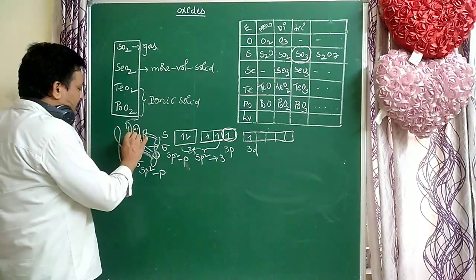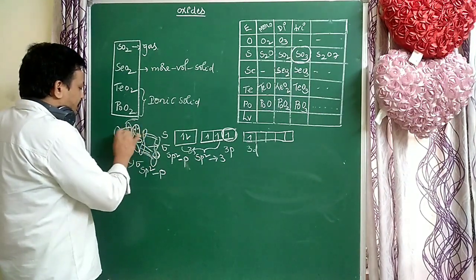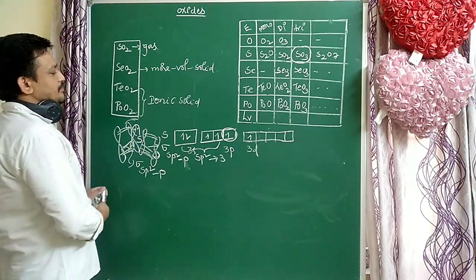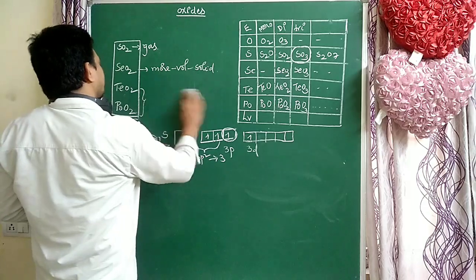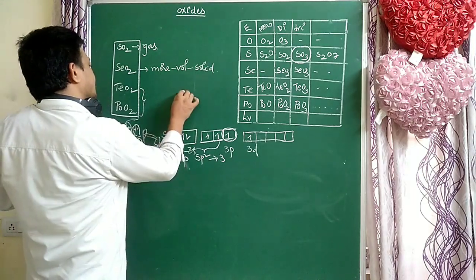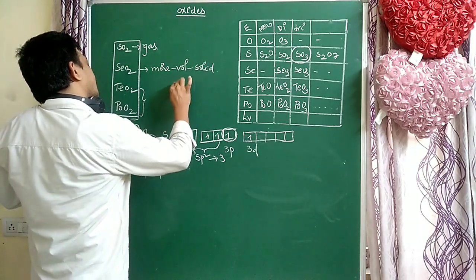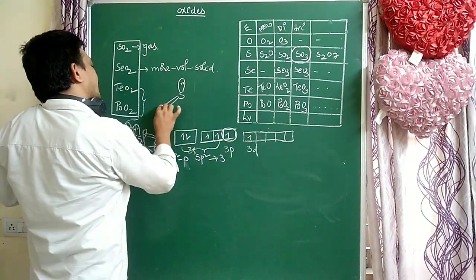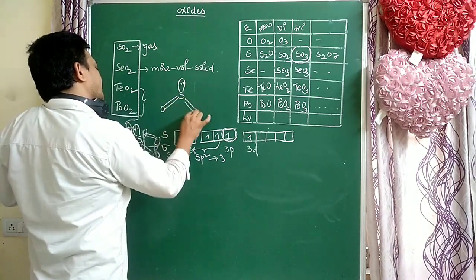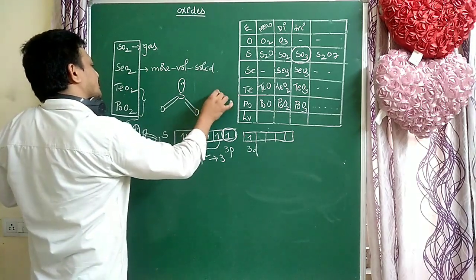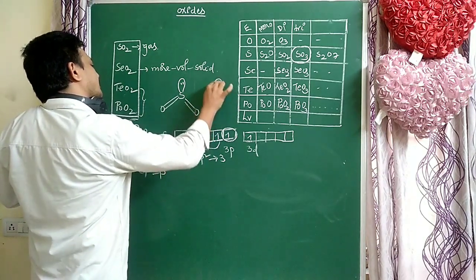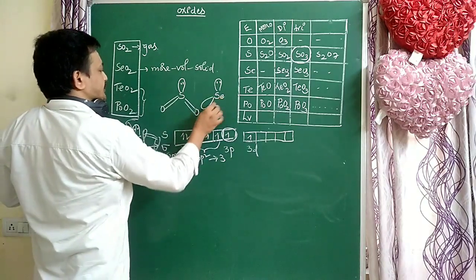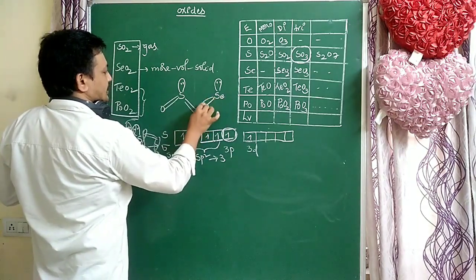So one of the pi bonds is a d pi-p pi bond. Overall, sulfur dioxide has an angular shape. Selenium dioxide also has an angular shape in the gas state. Which shape, students? Angular shape.